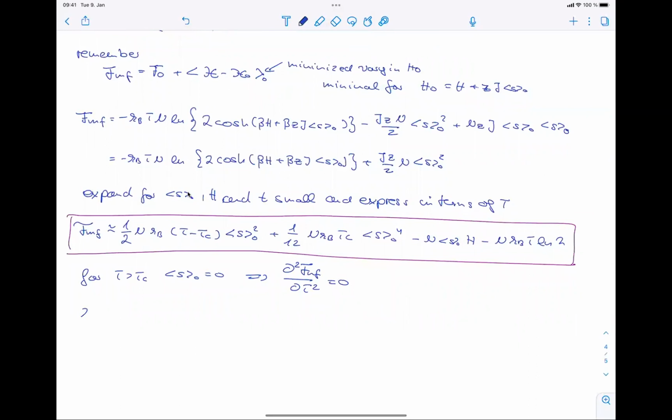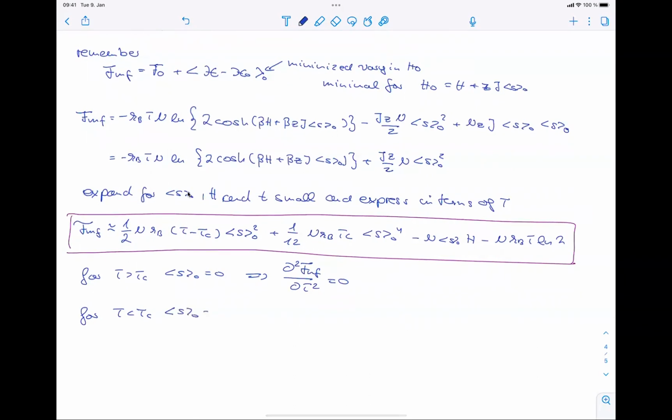Okay, so the more interesting case obviously pops up for being below the critical temperature, where the magnetization now scales as the square root of the reduced temperature, to the power of one half, which I'm going to write as T minus TC over TC.